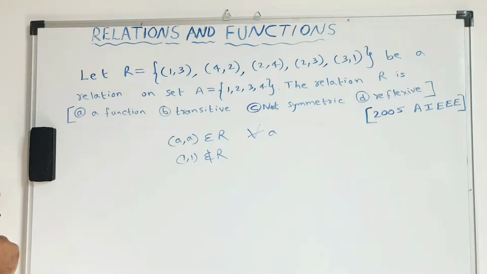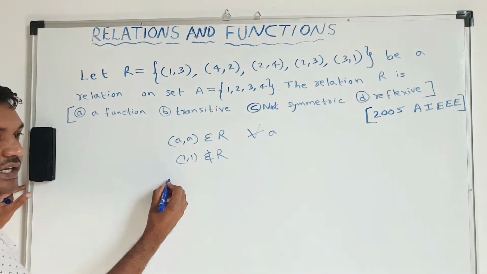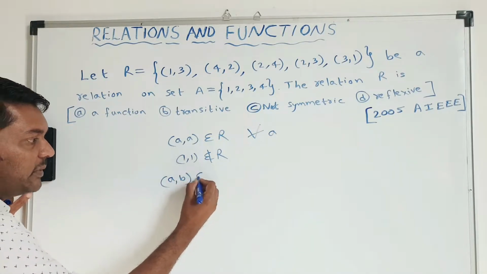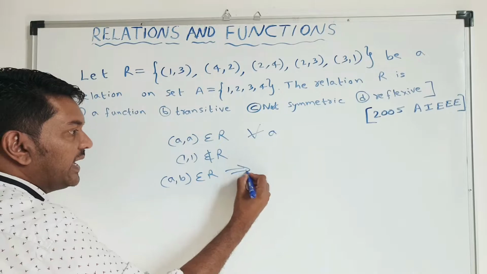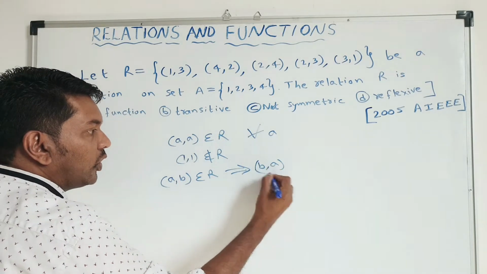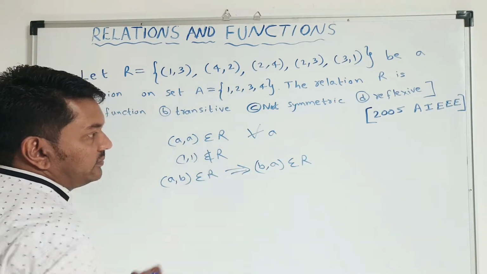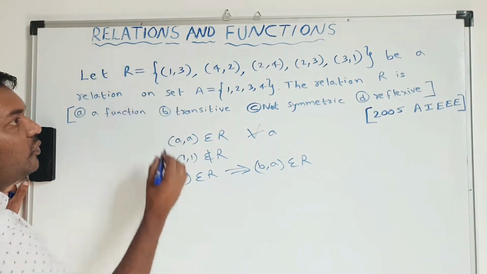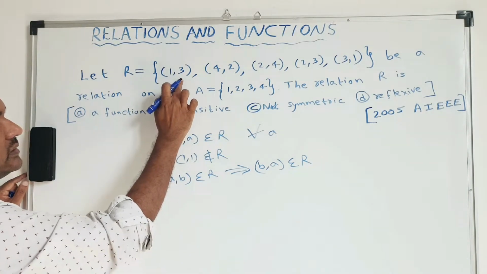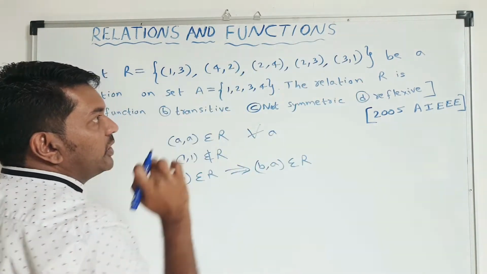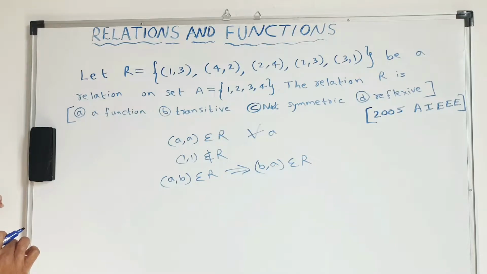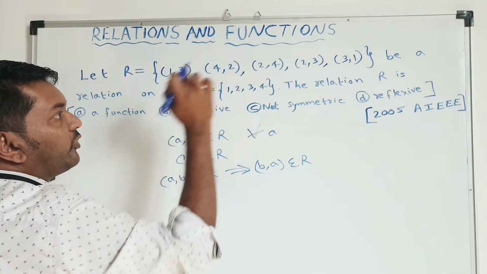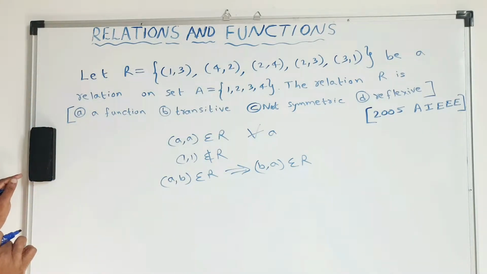Now I am checking whether it is symmetric or not. What is the condition of a symmetric relation? If (a, b) belongs to R, this should imply (b, a) also an element of R. I am checking whether it is satisfying for these elements. (1,3) belongs to R. (3,1) also belongs to R. So it satisfies. (4,2) belongs to R. (2,4) also belongs to R. So that also satisfies.